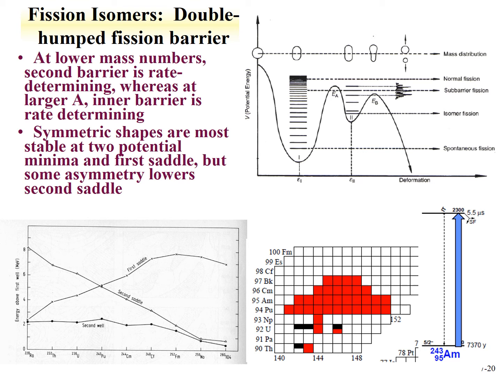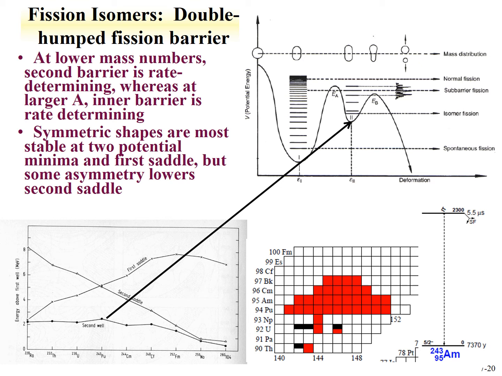What is seen is that if one evaluates the saddle points, the figure on the bottom left-hand corner shows the energy above the first well for the first saddle point, which would be this energy, and then the energy above the well for the second saddle point, which is shown here.